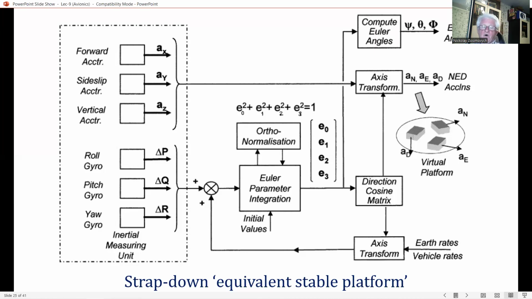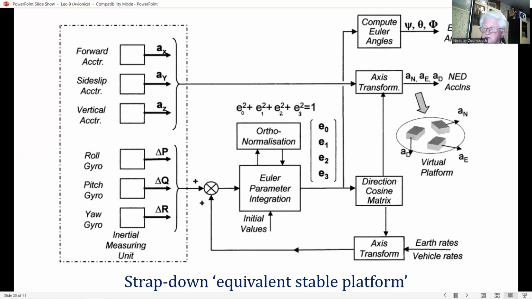The integration of Euler parameter rates to yield the Euler parameters, as explained, enables the direction cosine matrix, DCM, to be computed for aircraft axis to local north, east, down, NED axis conversion, and vice versa.